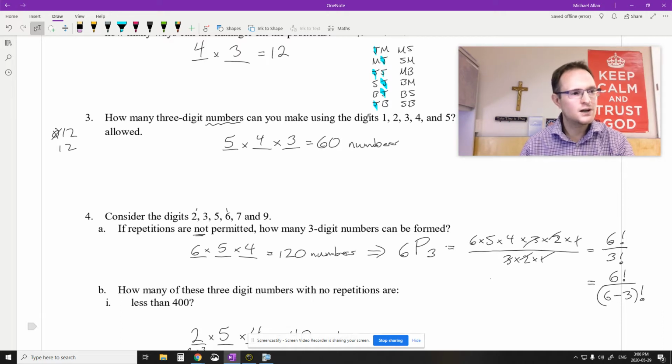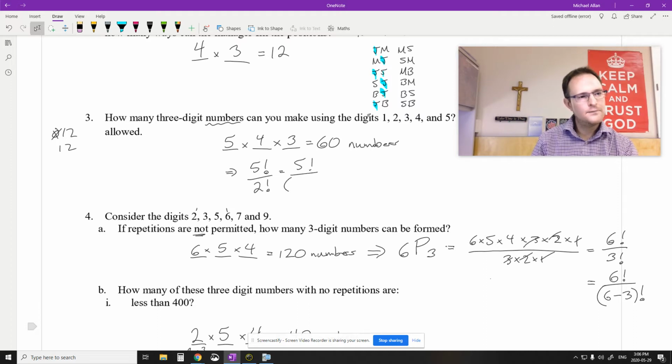Okay, so I can do the same thing with this one here. I can say that this is like 5 factorial. But if I go 5 factorial, that's an extra 2 and a 1. So I need to get rid of those 2 and the 1, which is another 2 factorial. So where did that 2 come from? Well, that 2 came from 5 minus the 3 numbers I picked or kept there, factorial.